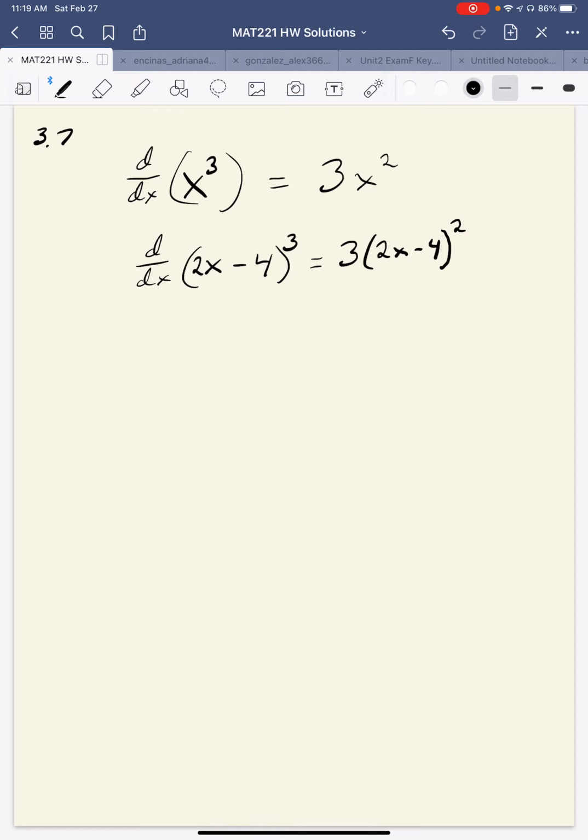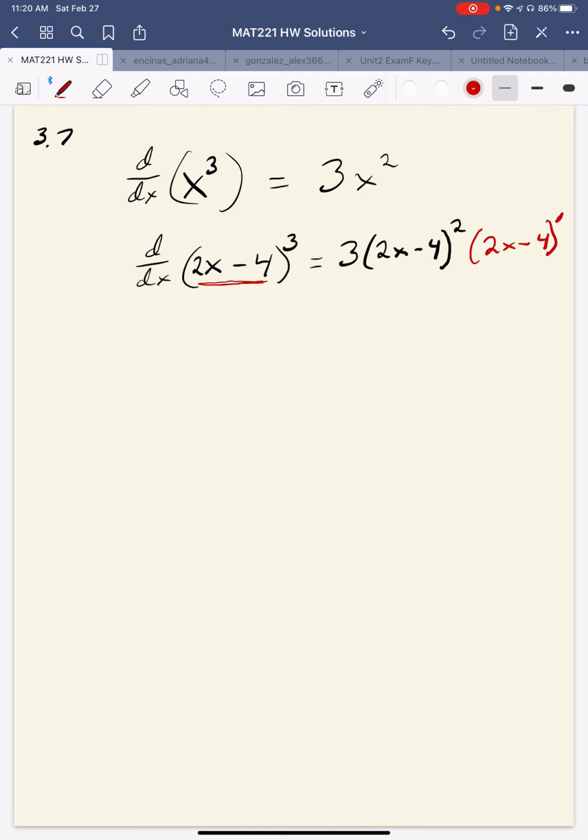But now I have to deal with the fact that this expression right here is not just x. It's a function that uses x, and I have to find the derivative of that term and use that as well. So I need to multiply by the derivative of 2x minus 4.